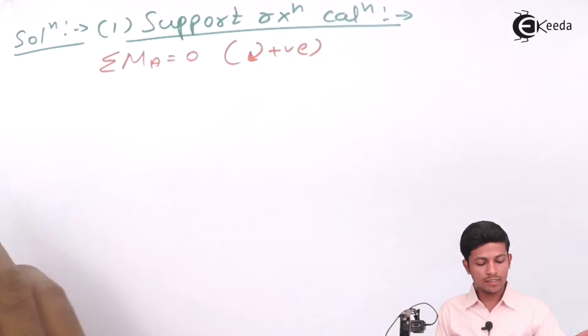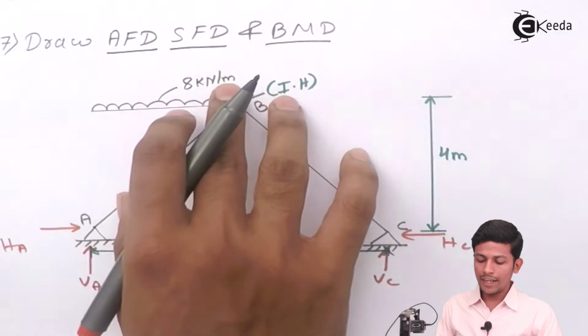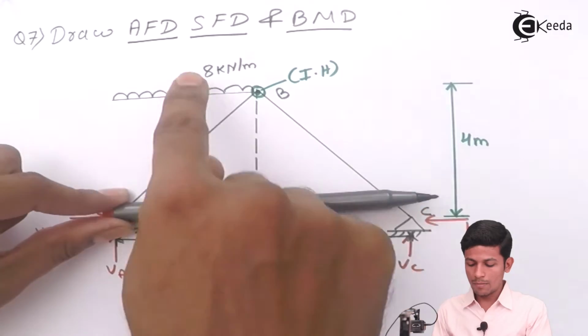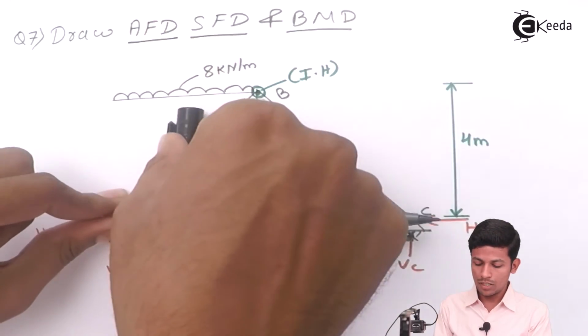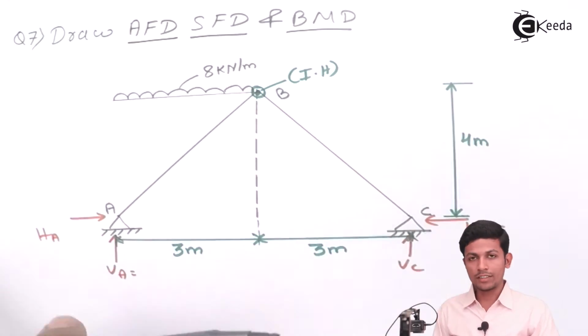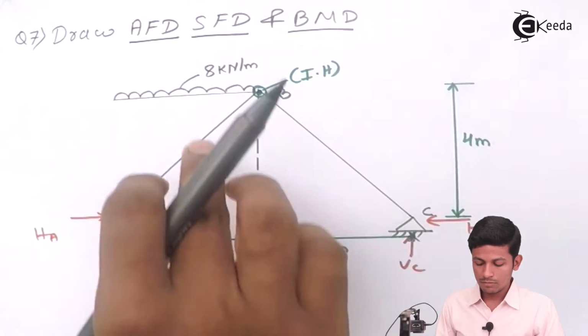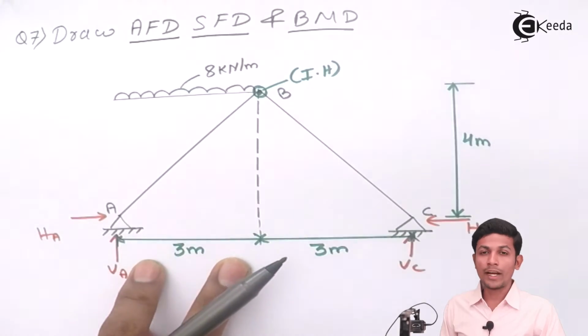Now how will you take it? Say 8, put a rod over here and apply the load from up to downward. For example, this is a UDL. This is rotating in the clockwise direction. So this will come as 8 into 3 into 3 by 2.